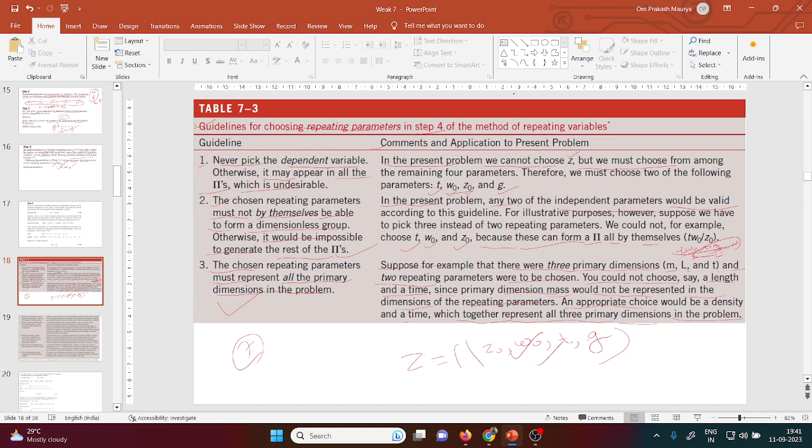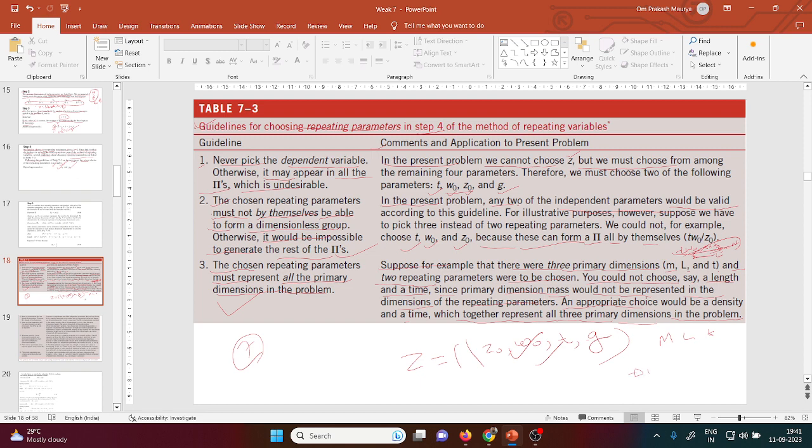What is written? The repeating parameters must represent all the primary dimensions. Let us take another example: the primary dimensions are mass, length and time, and you want to choose only 2 parameters, not 3.